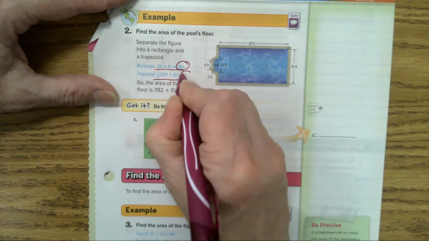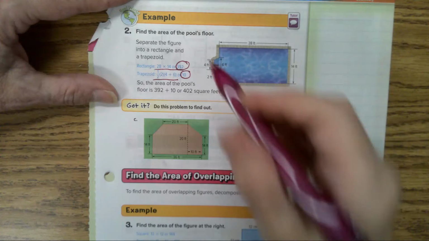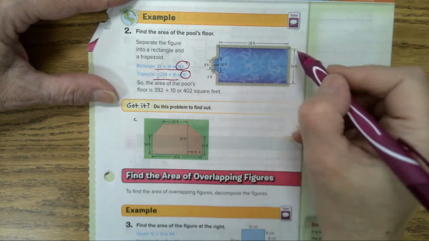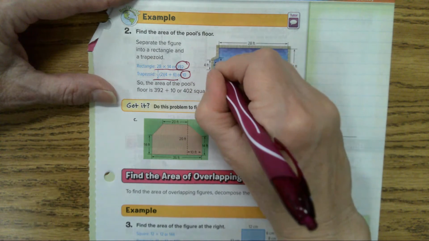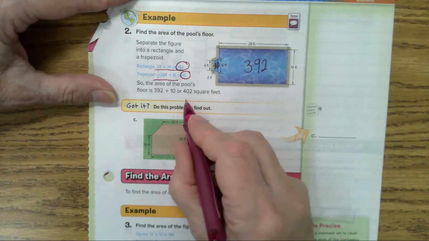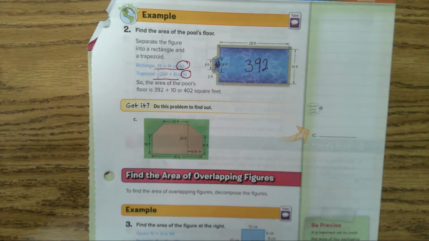That is 10. Circle the 10. Now, do you add these two together or do you subtract them? No. You add these, yeah. You take 392 plus this is 10, and the answer is 402 square feet. All right? Any questions?